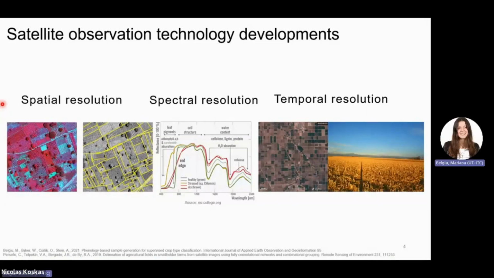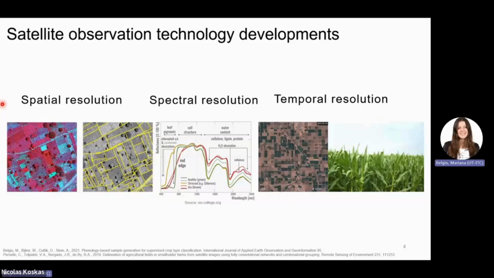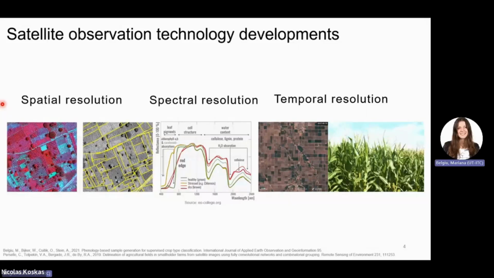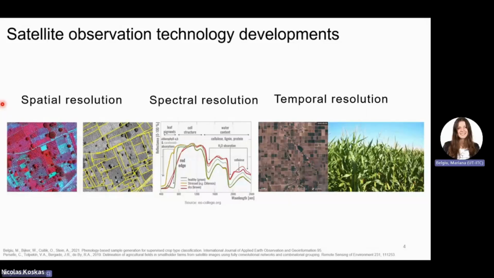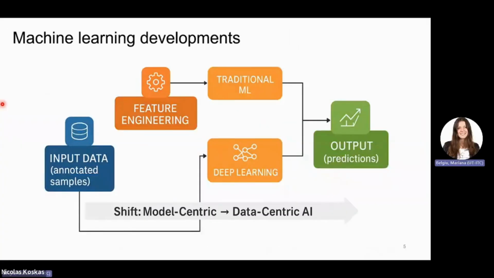These are the key developments when it comes to satellite observation that allow us to increase their utilization for different agricultural applications. I think it doesn't come as a surprise that in parallel we have amazing developments when it comes to machine learning.